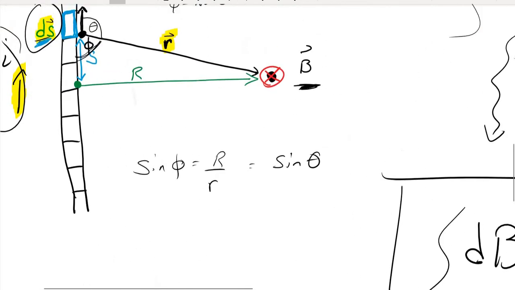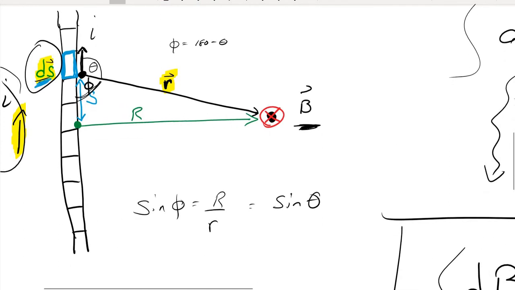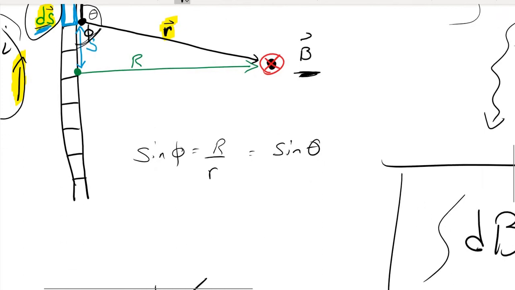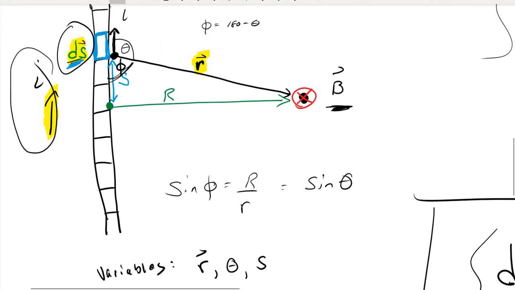Looking at the diagram, there are quite a few variables. We have little r. Little r is a variable. Theta and in turn the angle phi are variables. And as we move up and down the length of the wire, s is a variable. The only thing that's not a variable in any of these expressions is big R and the value of the current.